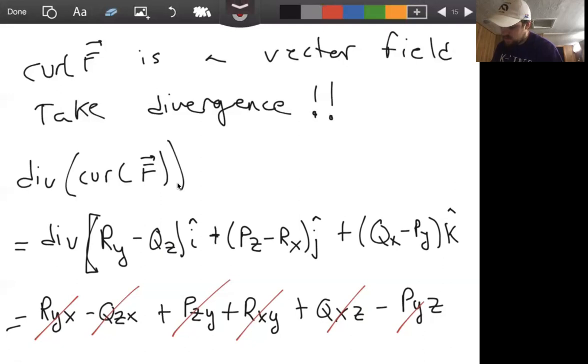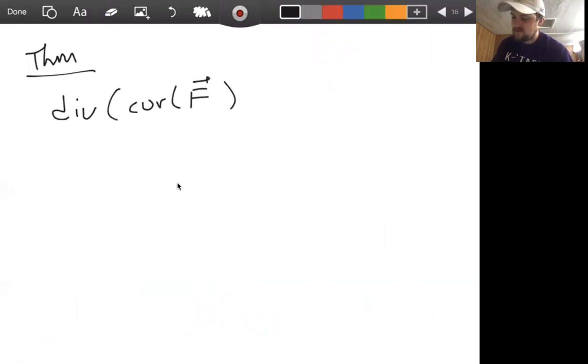Apologies. So that's minus. And so this all cancels, and we get 0. And this gives us the following theorem, that the divergence of the curl of a vector field is always 0.